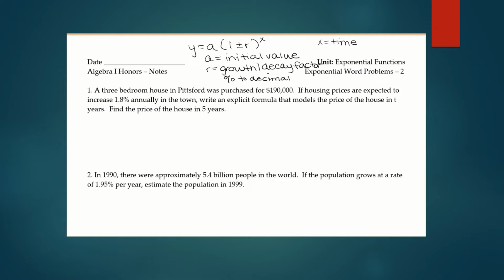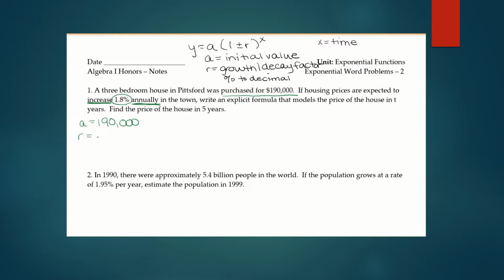So just picking out some key information here. Purchased for $190,000. That's our A. It's expected to increase, so this means it's a growth. And it's increasing by 1.8% annually. Okay, so 1.8% increase, that means this is a growth factor.